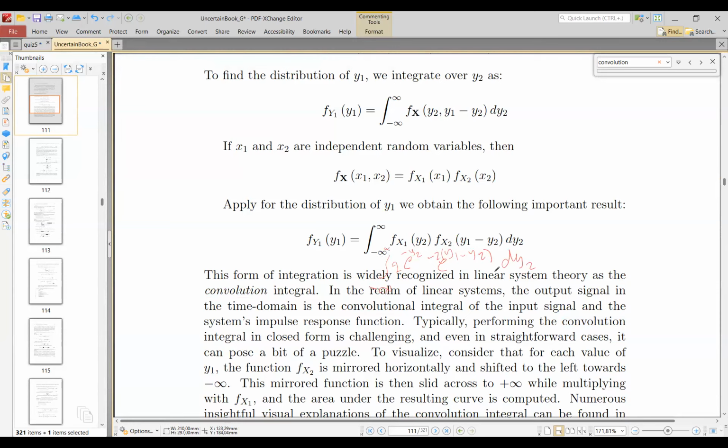Of course, here, because every y should be from 0 to infinity, the integration will be from 0 to infinity instead of minus infinity to infinity.